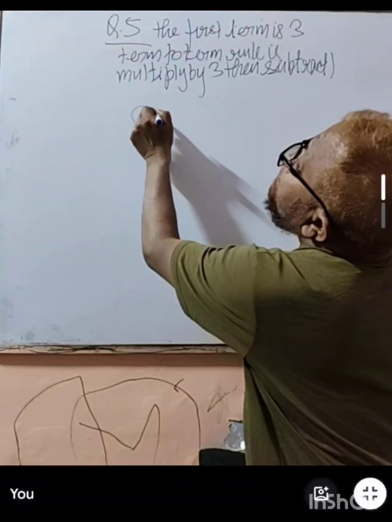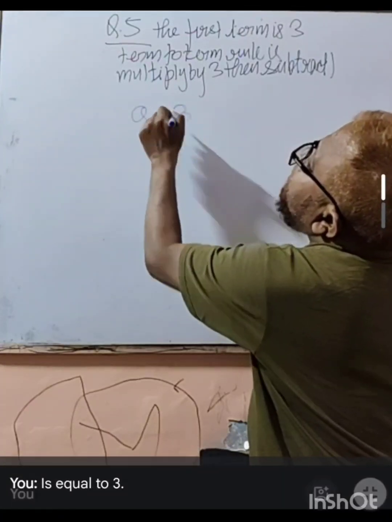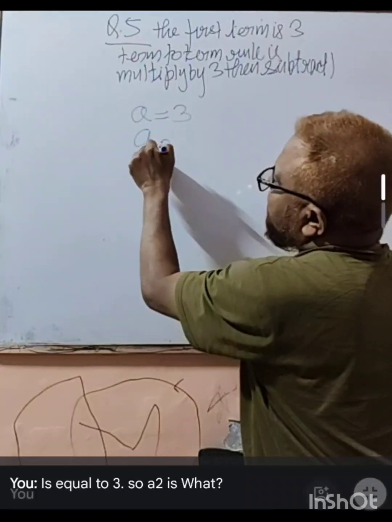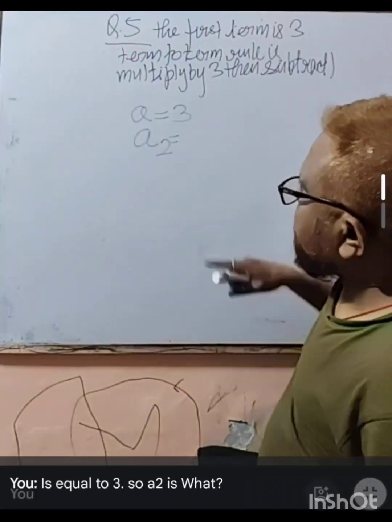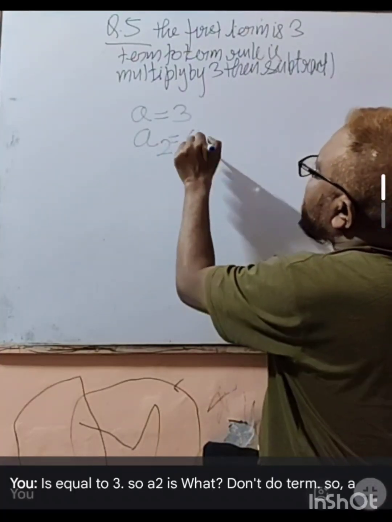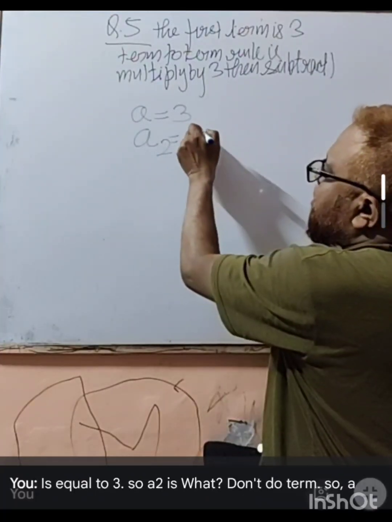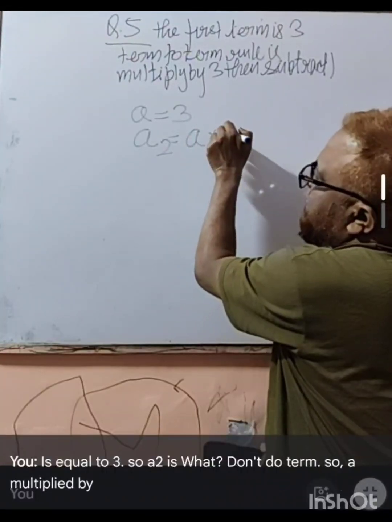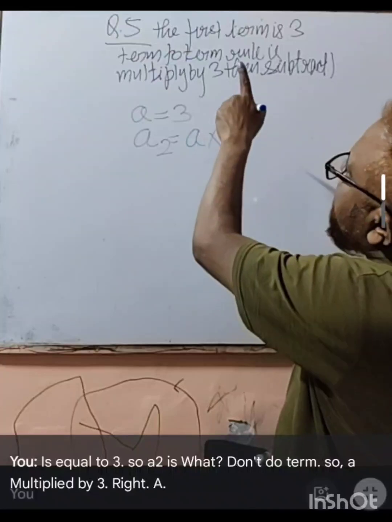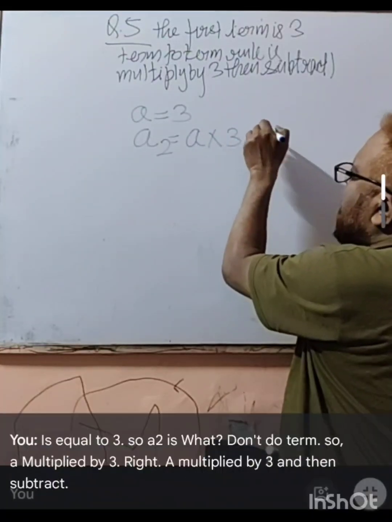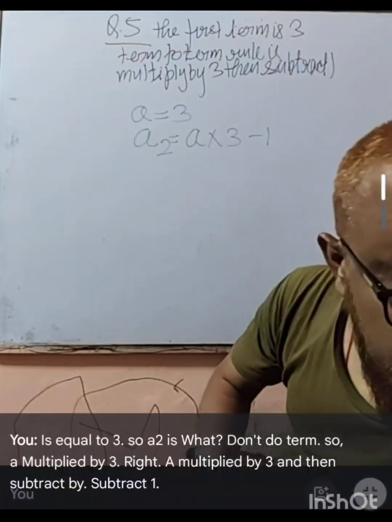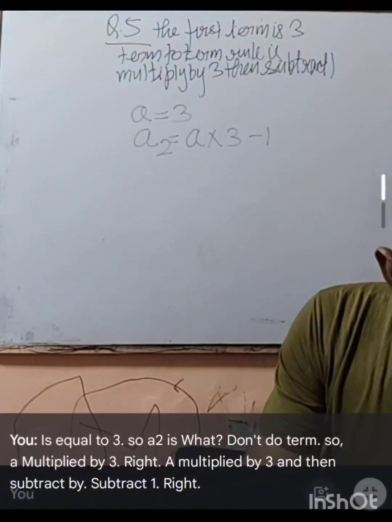A1 is equal to 3. So, A2 is what? Term to term. So, A1 multiplied by 3 and then subtract 1, right?